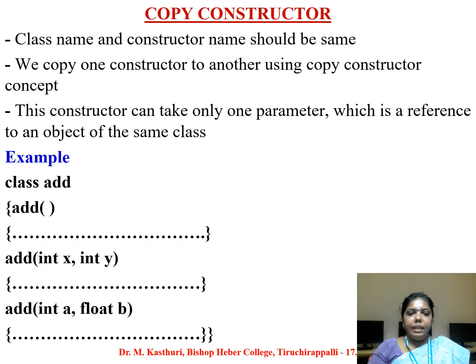This constructor can take only one parameter, which is a reference to an object of the same class. For example, here we have a syntax for how to create a parameterized constructor, a default constructor, and how to create constructors within a class. This piece of coding is helpful to understand how to create a constructor.